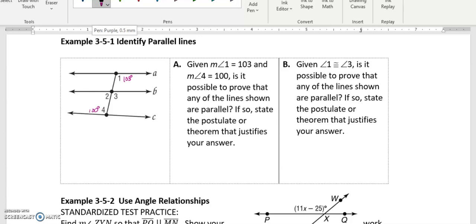So we cannot prove anything. We need more information. I'm going to abbreviate information with info. If we are told that angles 1 and 3 are congruent, so now we're told something a little different, we're told that these two angles right here are congruent, then we can say yes, A is parallel to B, and we know that because of corresponding angles converse.